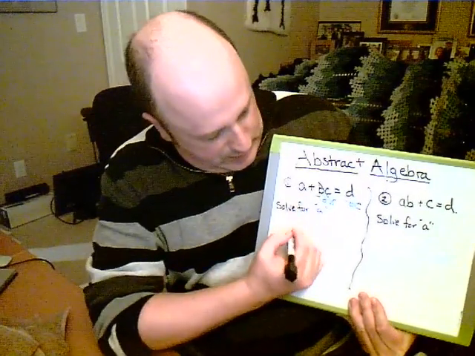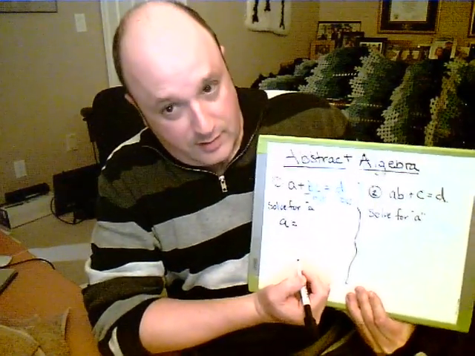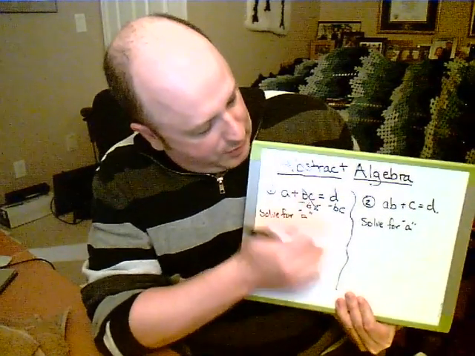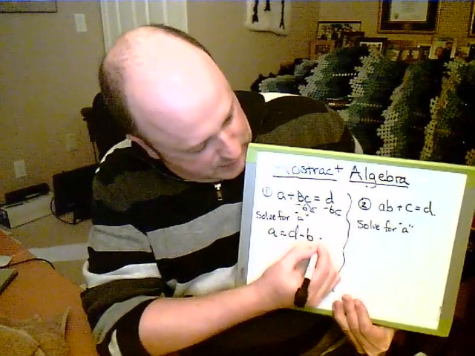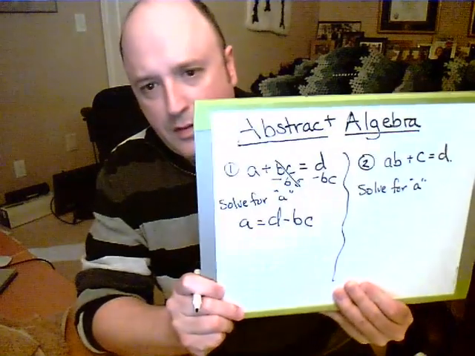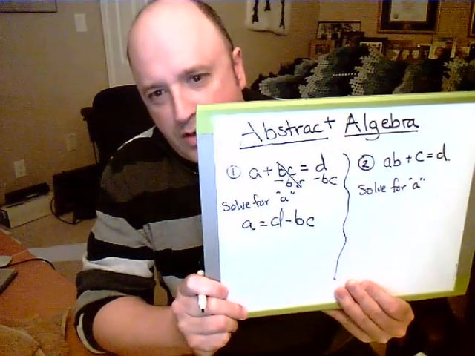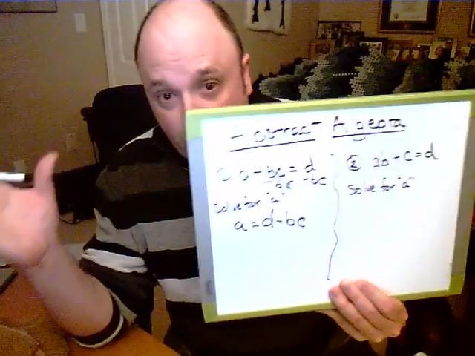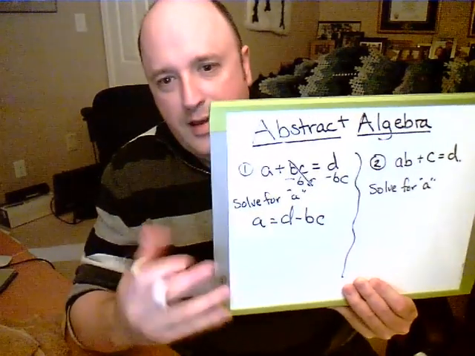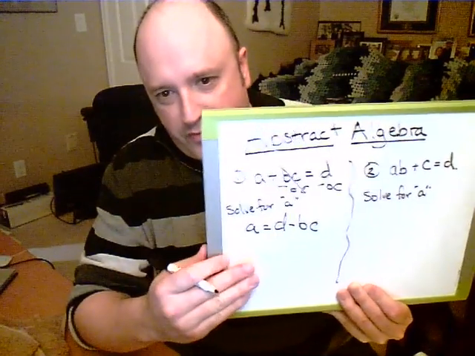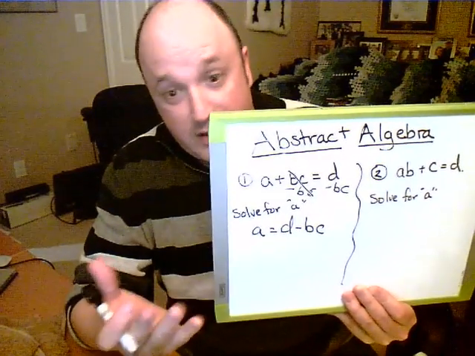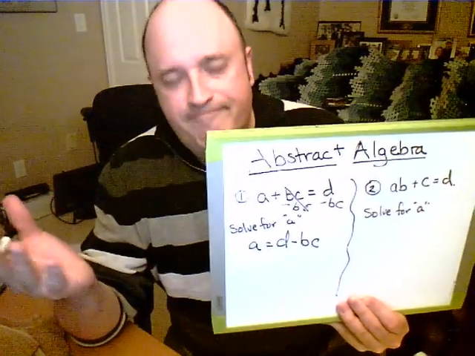Those cancel. I get a left over. And then that part cancels, and I get d minus bc. Okay? So there's your solution solved for a. Right? A is not by itself, it's isolated, so it's solved for. And then you just get this equation that's left over. And that's your answer.